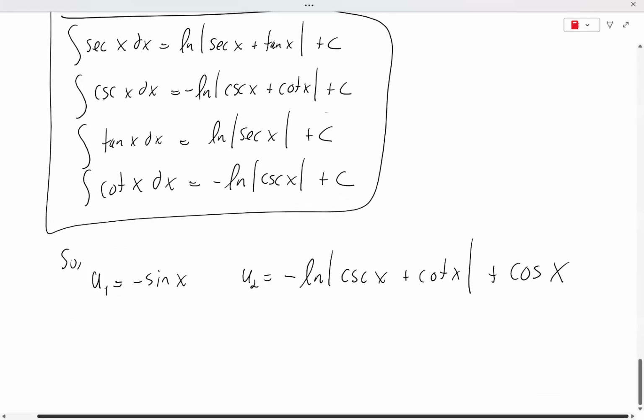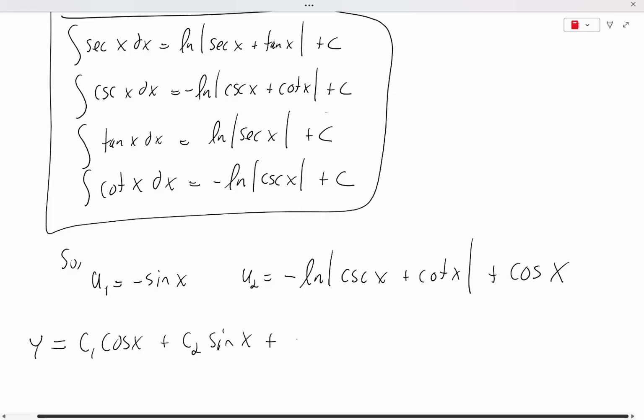So then y sub p, we may go for the whole thing here. y equals c1 cosine x plus c2 sine x plus the y sub p.